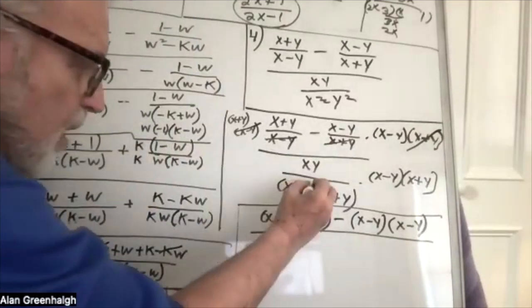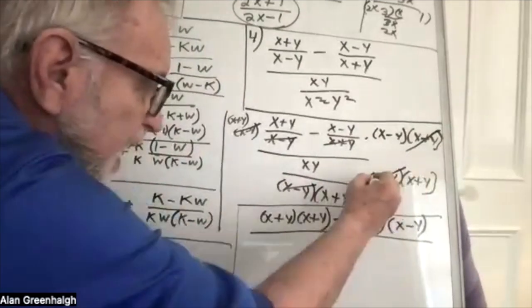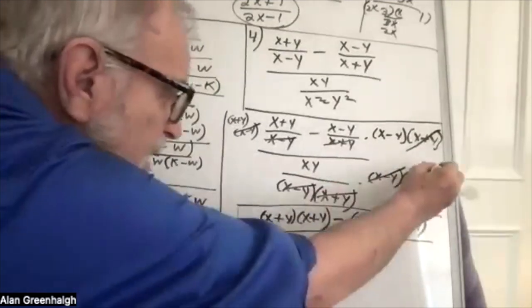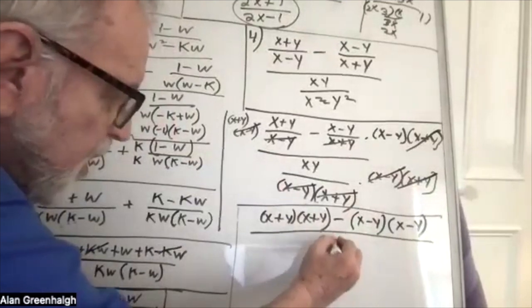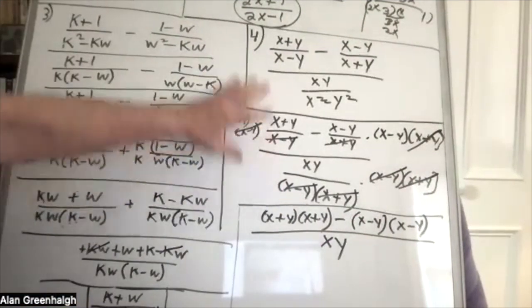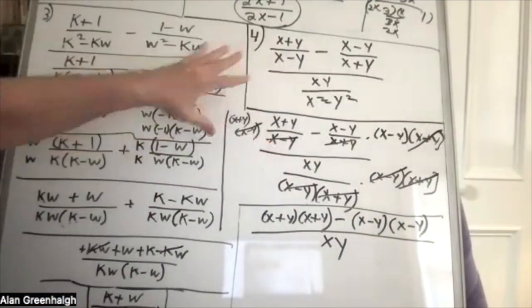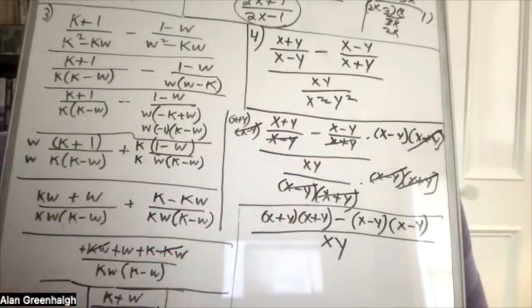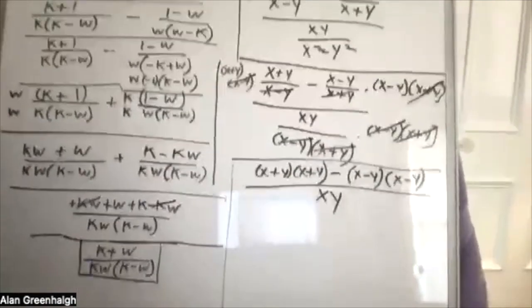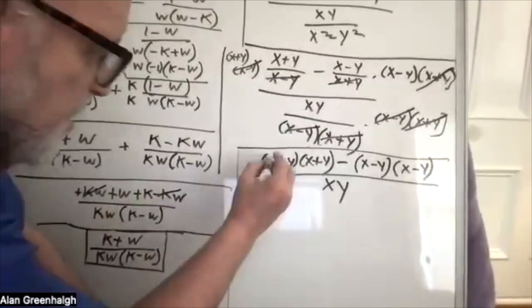And here, this cancels out with that, this cancels out with that, and you're left with just xy. So the first step is to get rid of all these denominators, and now we want to do all the multiplying. So we're going to now multiply the binomials.